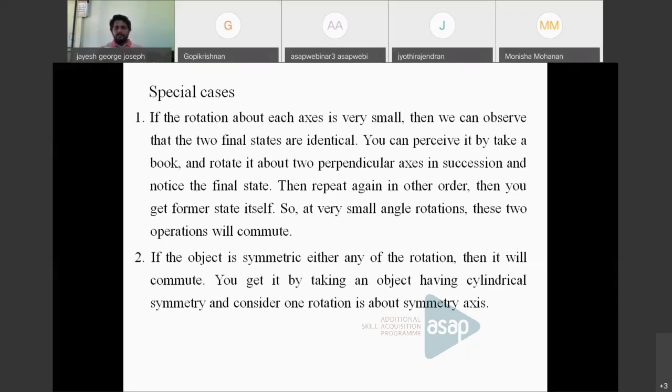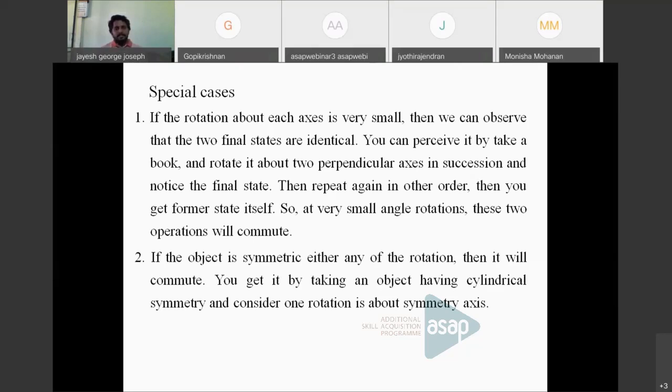And if you perform this again in reverse order, that means initially rotate about x and then about z, these two positions are identical. It is clear that if the angle is very small, the rotations commute. To what extent the rotations commute, and at what angle the symmetry shows, we will discuss in the coming section.